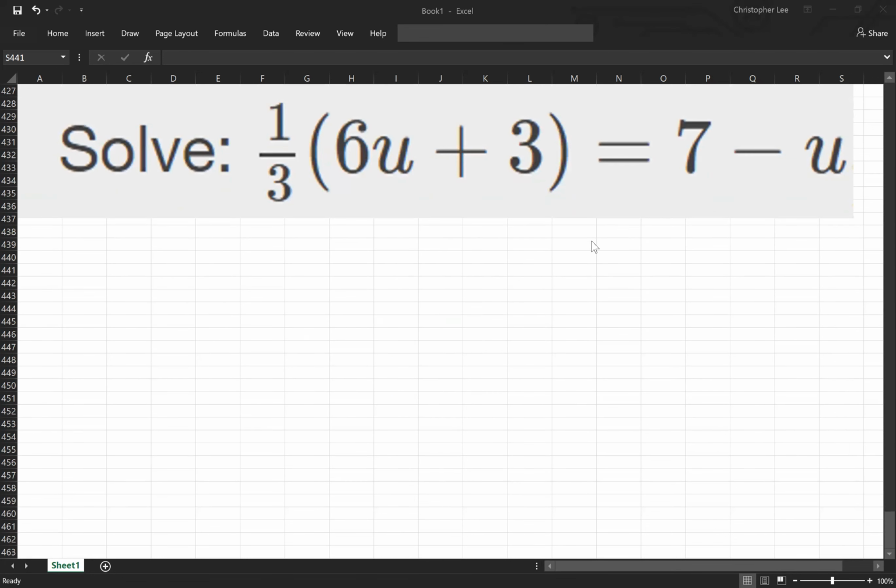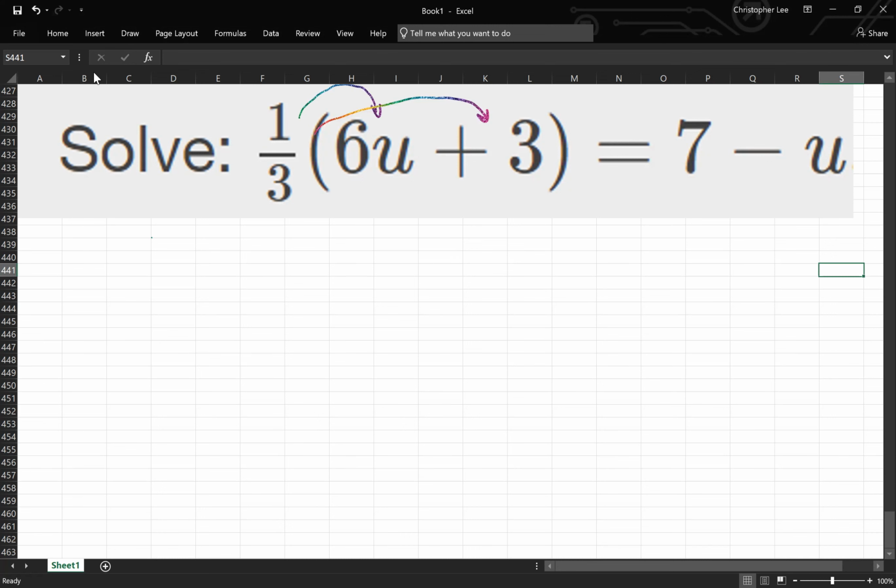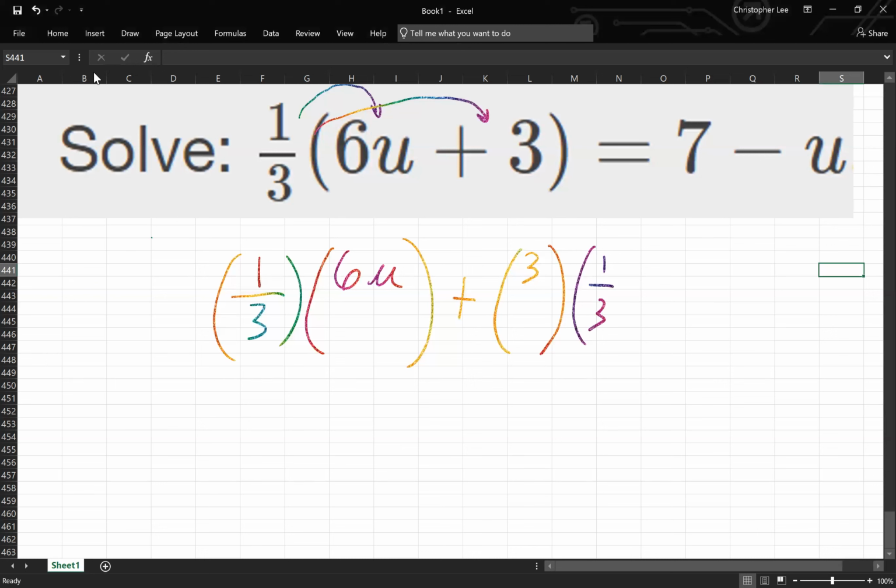So what I want to do, I want to distribute this onto every term. That's my first thing I have to do. So I'm going to have 1/3 times 6u plus 3 times 1/3 is equal to 7 minus u.